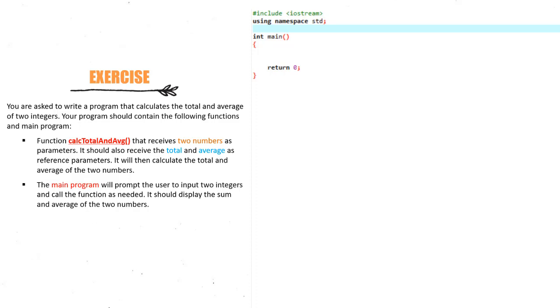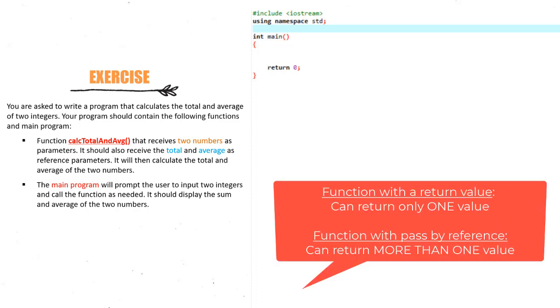Remember that with a function with a return value, you can only return one value. You cannot send more than one value. So if we have a function that calculates two things and we want to return two things, which is more than one, back to the person that calls it, we need to use parameter with pass by reference.